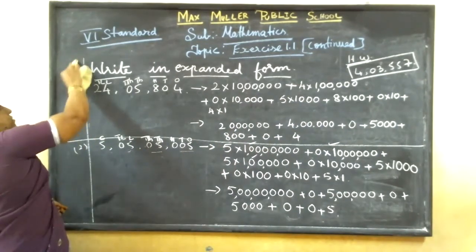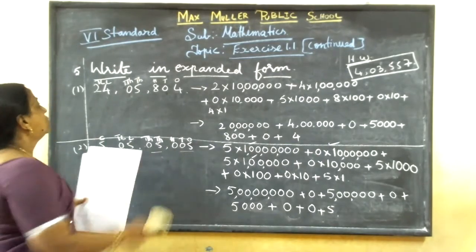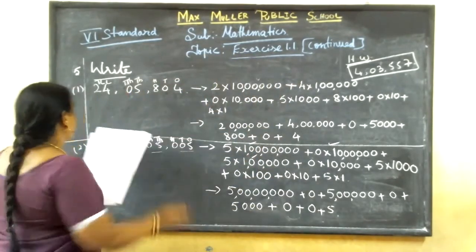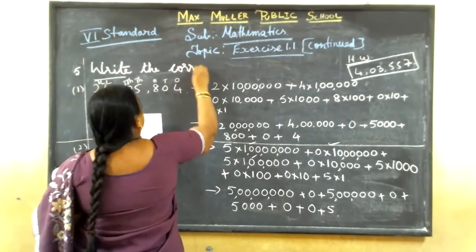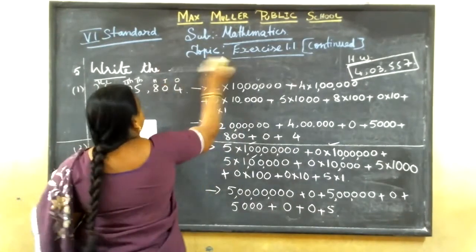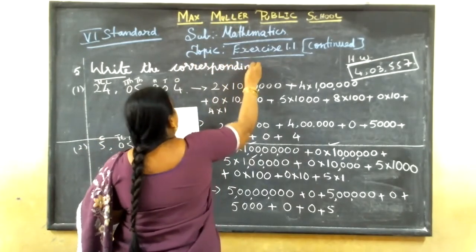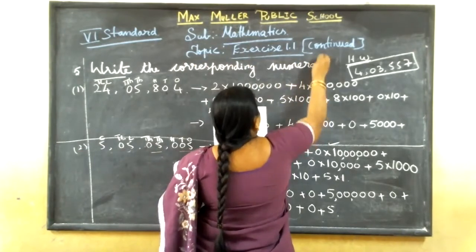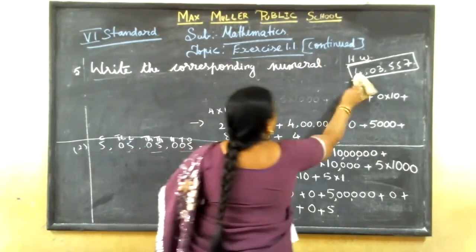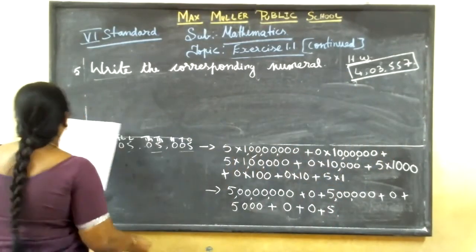Next question, question number 5. I'll erase the heading. Write the corresponding numeral. I'll copy the question.